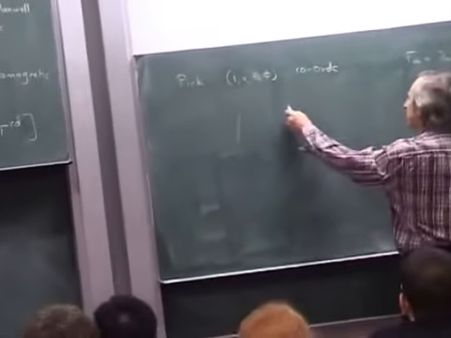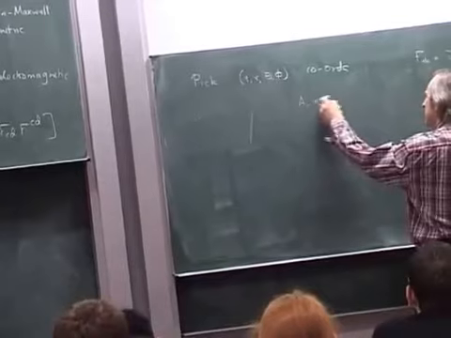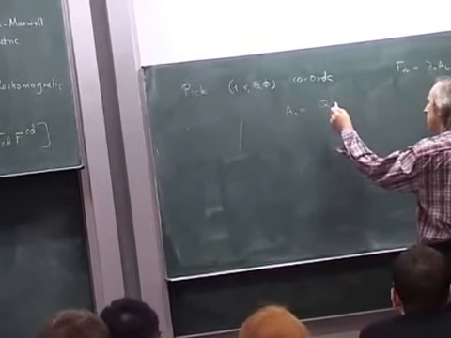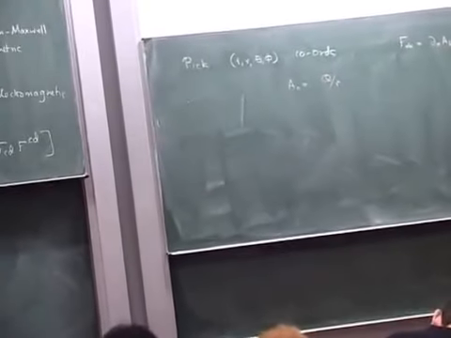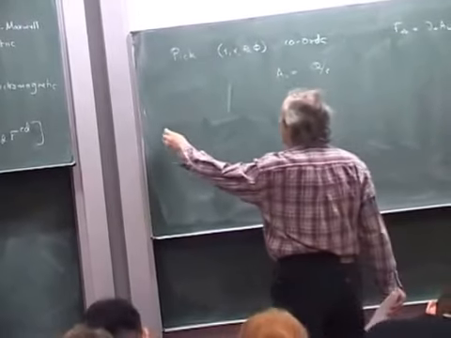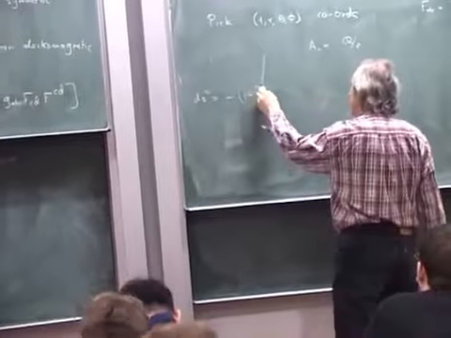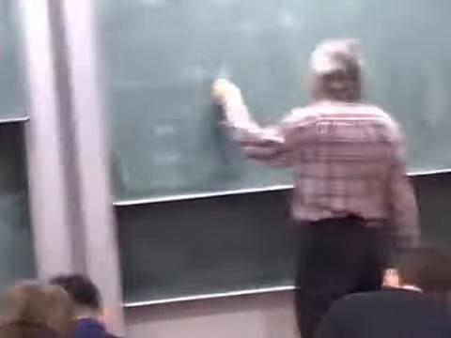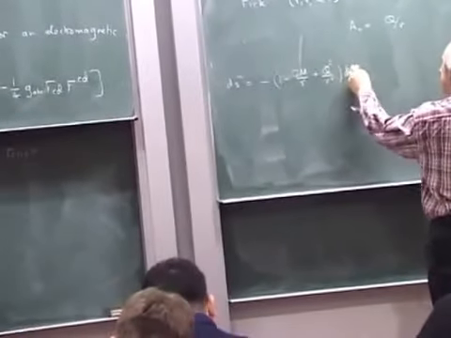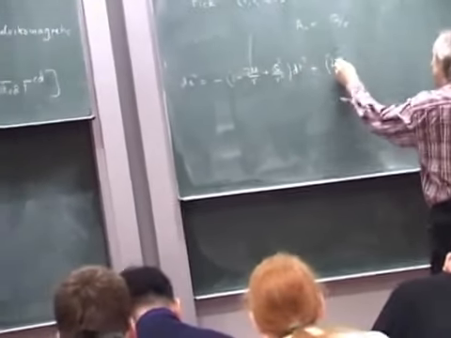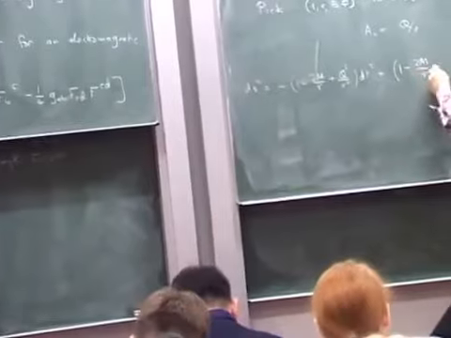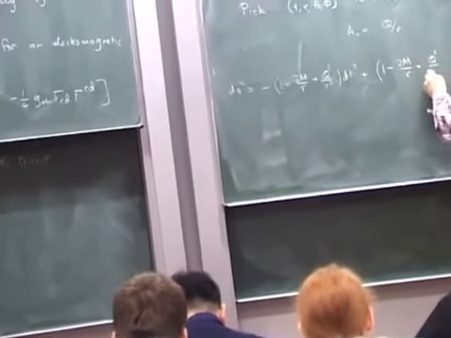So A_0 turns out to be Q over r, and the line element turns out to be ds squared is minus (1 minus 2m over r plus q squared over r squared) dt squared plus the same thing to the minus 1 dr squared, plus r squared times the angular part.